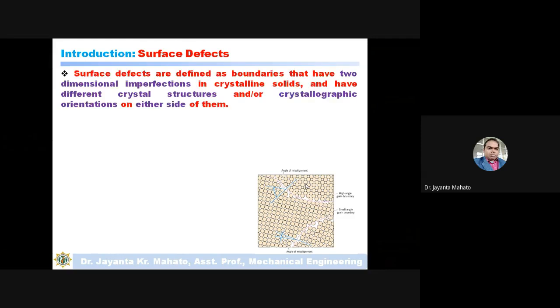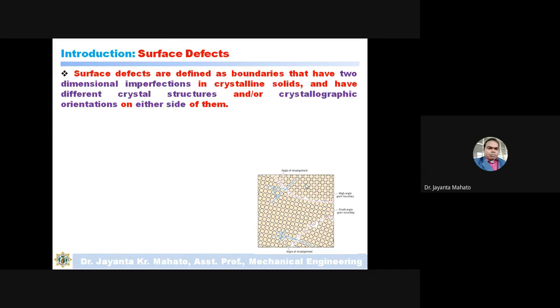Surface defects are defined as boundaries that have two-dimensional imperfections. Surface defects are two-dimensional defects in crystalline solids and have different crystal structures or crystallographic orientation on either side of them.